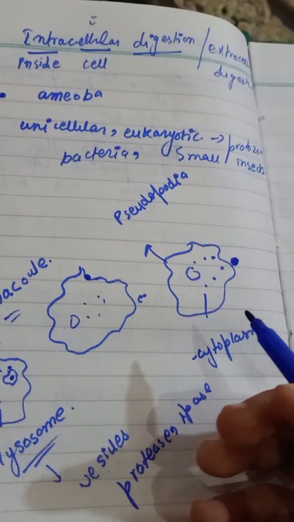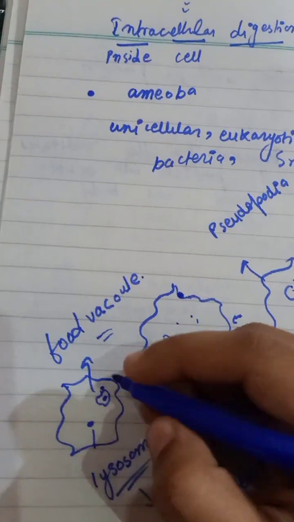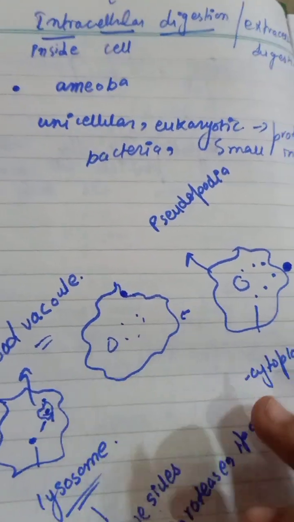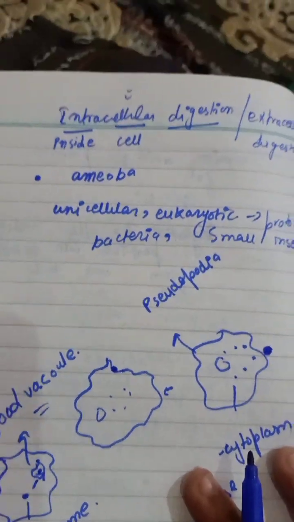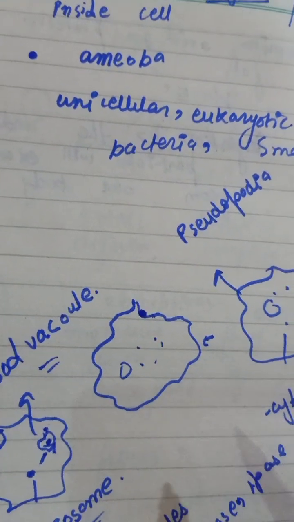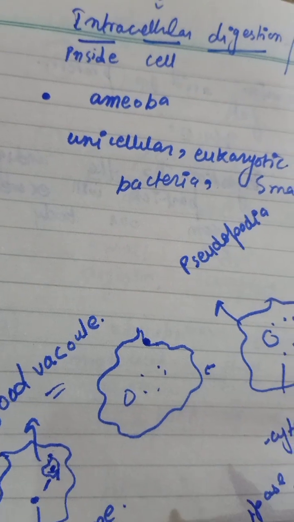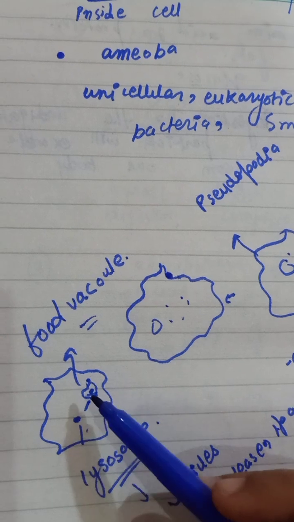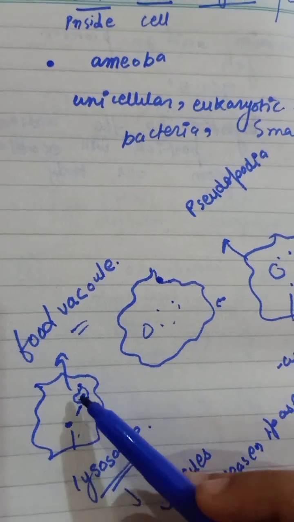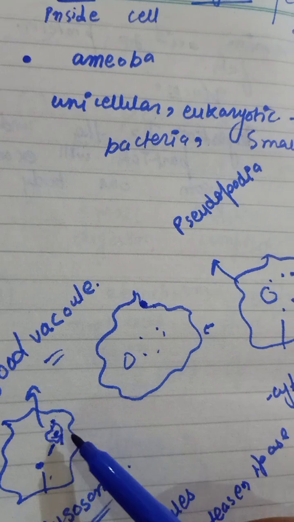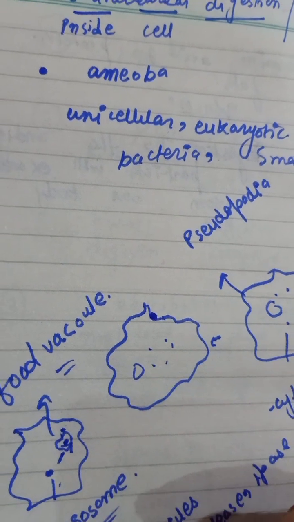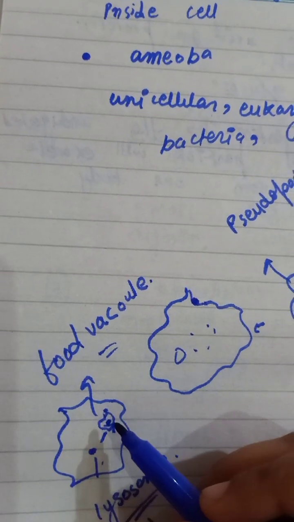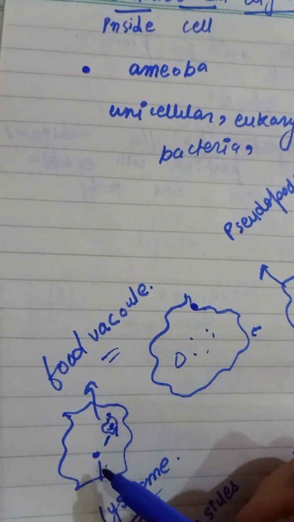They interact with the food vacuoles, and then there will be the process of ingestion. The vesicle will be breaking down the food in the food vacuoles. So there will be intracellular digestion, which means this is the digestion which occurs in one cell.